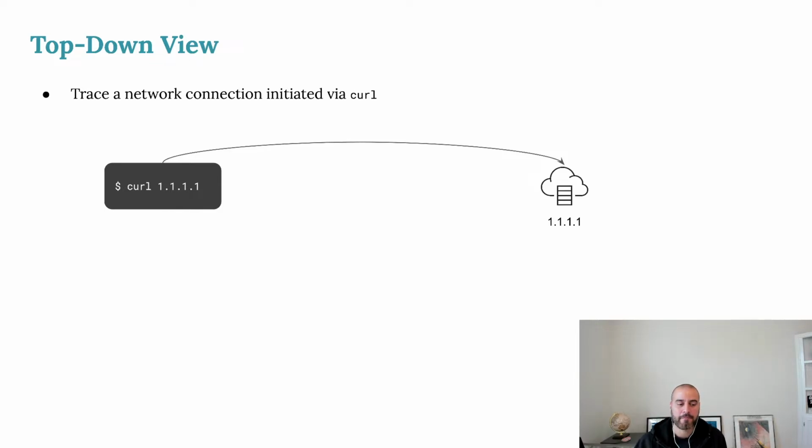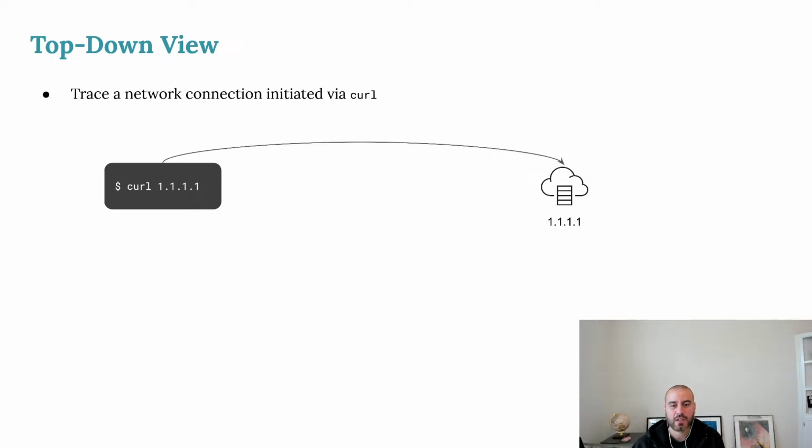Quickly, to get into the top-down view: we've talked about what the technology is and what it does, but how it actually works is something I think is a little confusing, and when you see what we're actually doing, it makes a lot of sense. In my opinion, it helps make everything click.